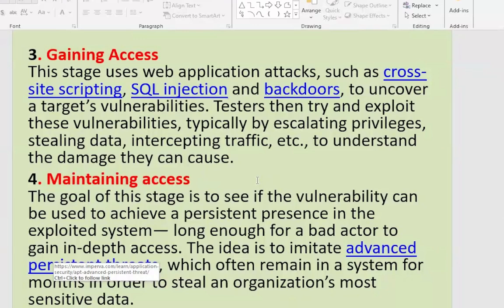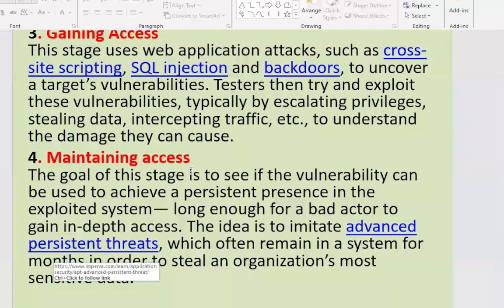Next is maintaining access. Gaining access is one thing, maintaining access is another. The goal of this test is to see if the vulnerability can be used to achieve a persistent presence. The idea is to imitate advanced persistent threats. Once I gain access to a system, how long can I continue?